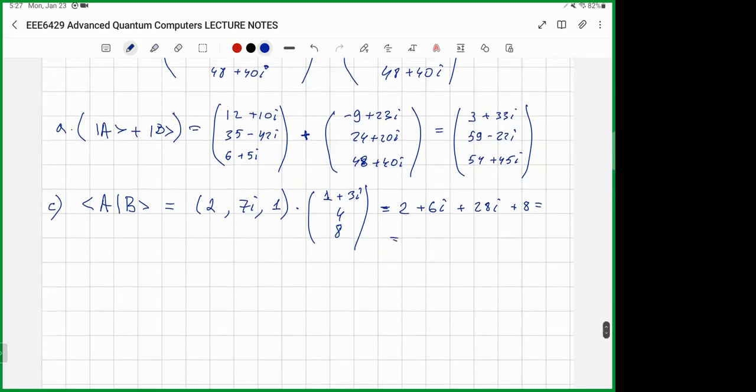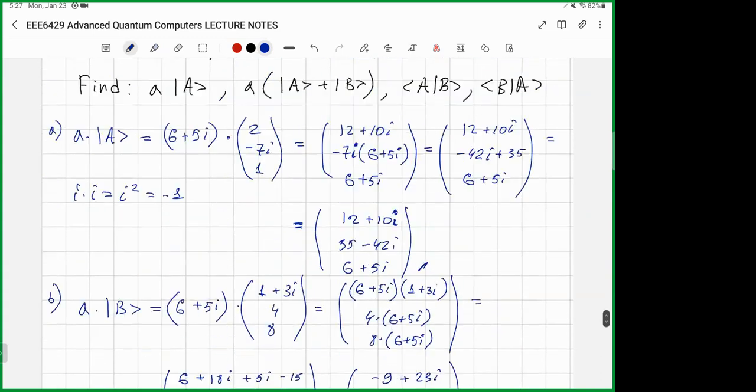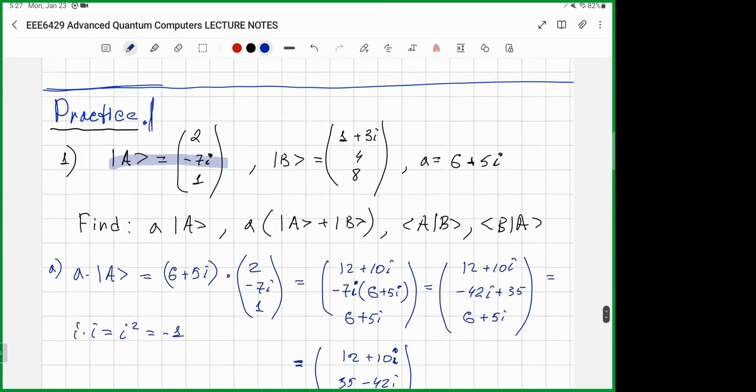Okay, so Dr. Alex, I have a question. Yes. The A matrix has the second element minus 7i. Is it changed there? No, the A matrix is this one, 2, minus 7i, 1, but in the ket notation. In the bra notation, you transpose this, so the column becomes the string, and you complex conjugate it.